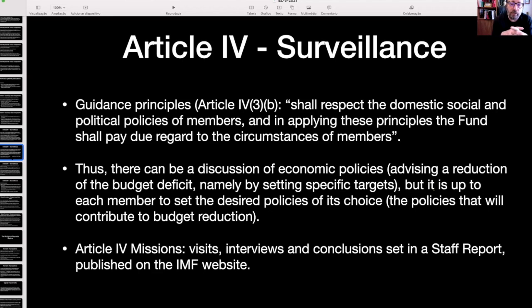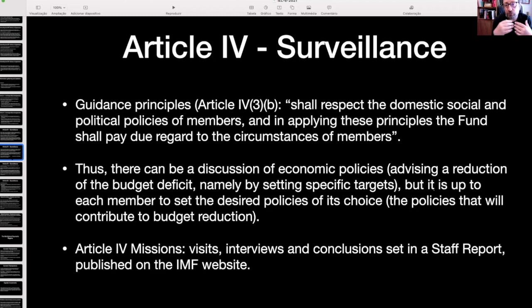So you may have a discussion of economic policies, to sum up, saying that you should reduce your budget deficit, and even pointing to specific targets. But the IMF cannot direct a member to adopt specific economic policies. So each member has to decide which economic policies it pursues.